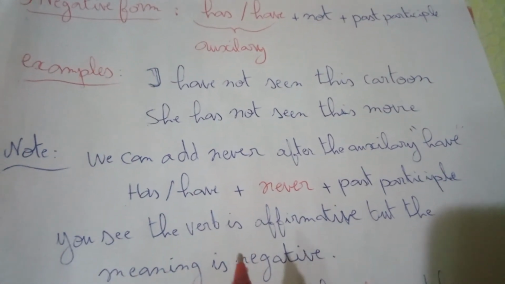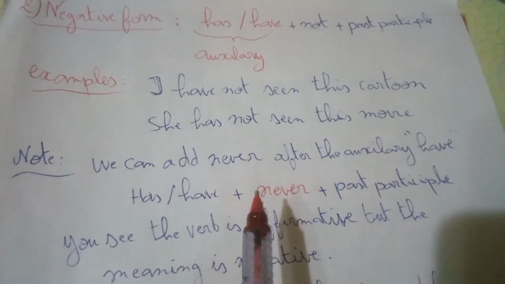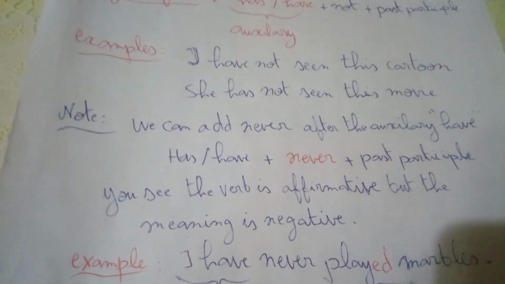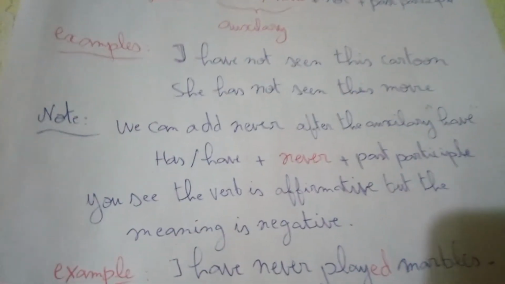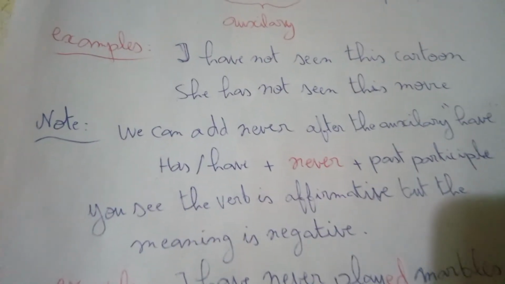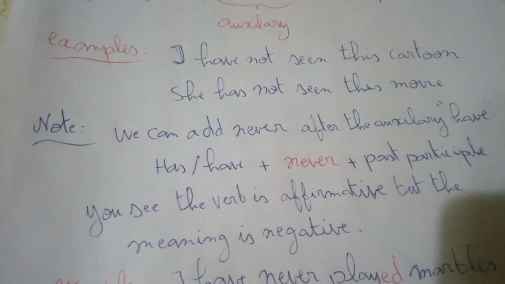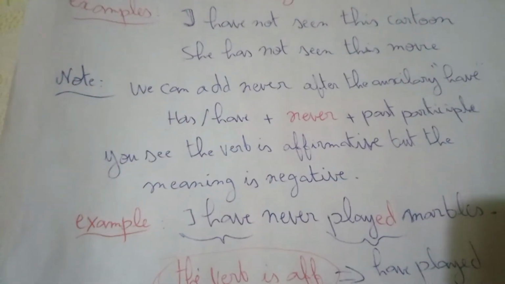So here never comes after the auxiliary and before the past participle. Here the verb is affirmative, but the meaning is negative. When I use never plus have, the verb is affirmative, but the meaning of the sentence is negative.